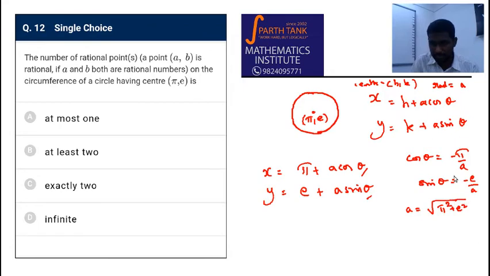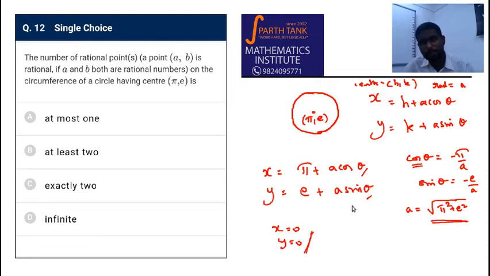Under such conditions, this combination exists. That is, cos theta is minus pi by the square root of pi squared plus e squared and sin theta is minus e by a. In that case, a cos theta and a sin theta would make x = 0, y = 0. So you can have one point in one circle, that is a circle with center at (pi, e) and radius the square root of pi squared plus e squared, and that point on the circle is the origin itself.